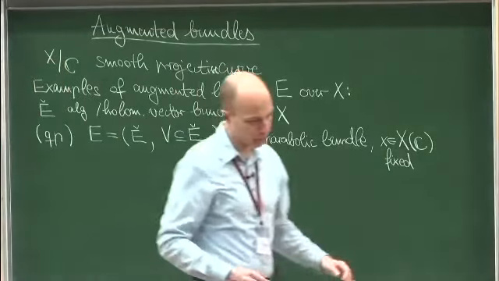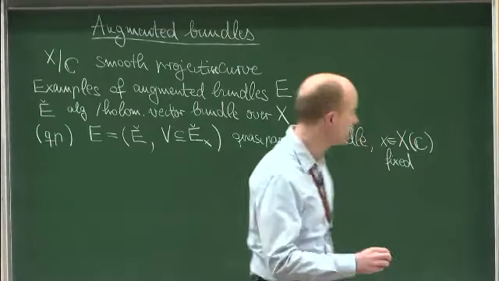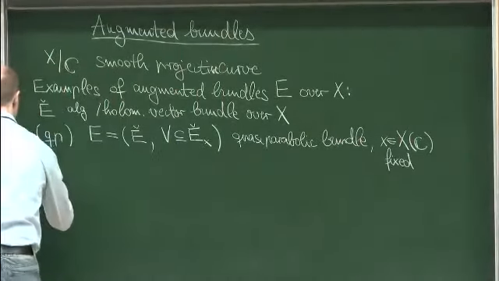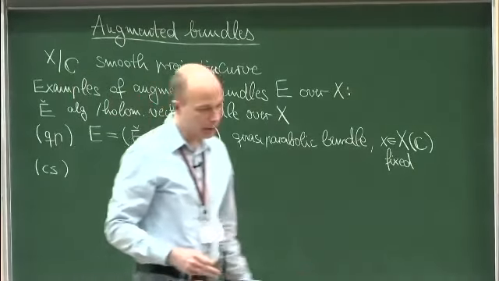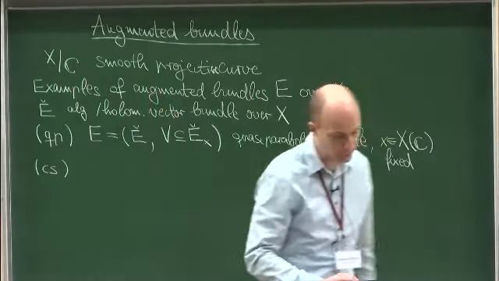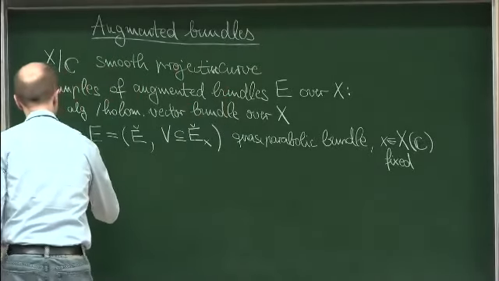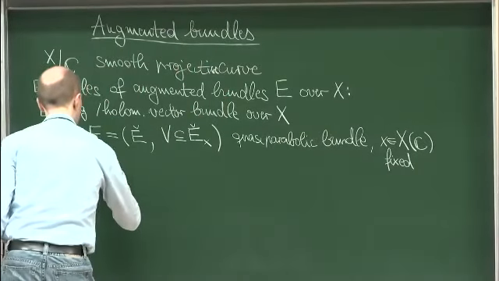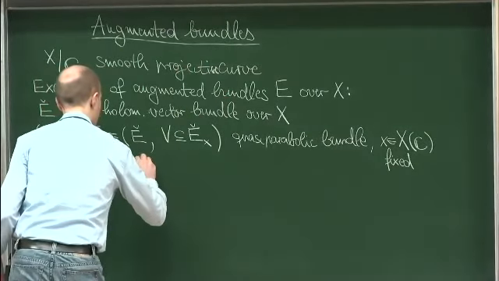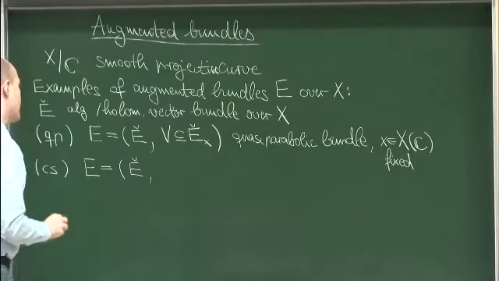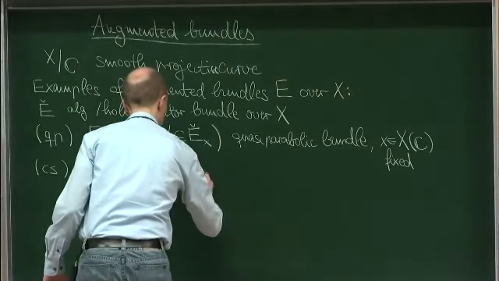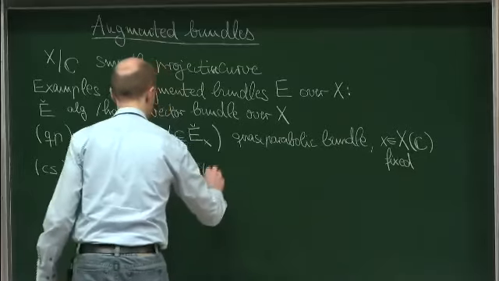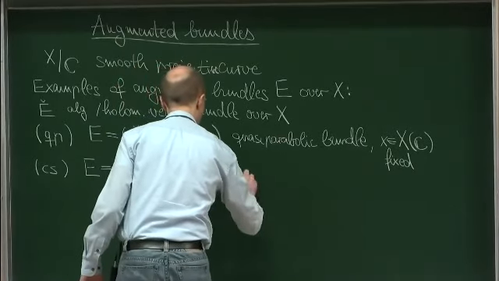quasi-parabolic bundles. The next kind I'd like to mention are the coherent systems. So these are also pairs consisting of an underlying vector bundle and a vector subspace in the space of global holomorphic sections of this underlying bundle.